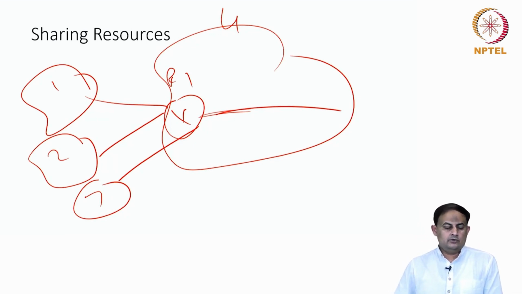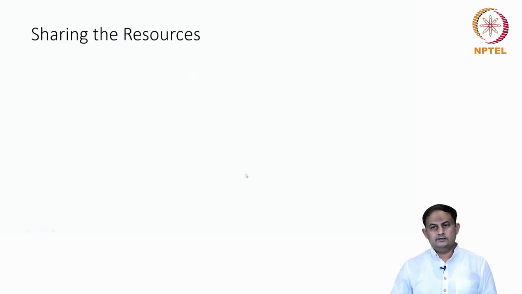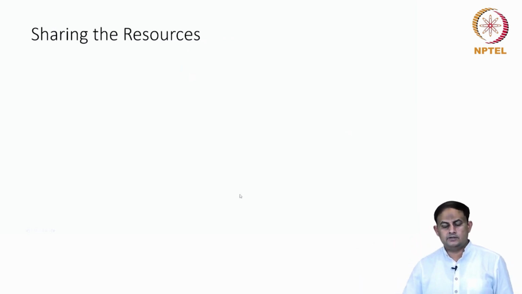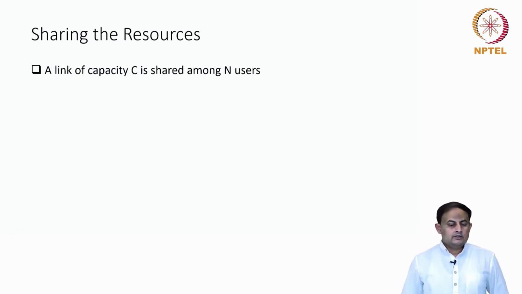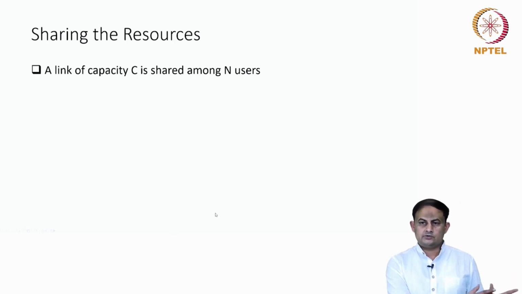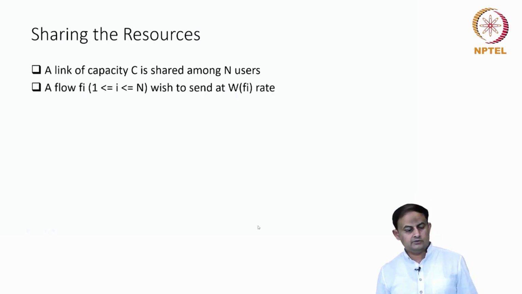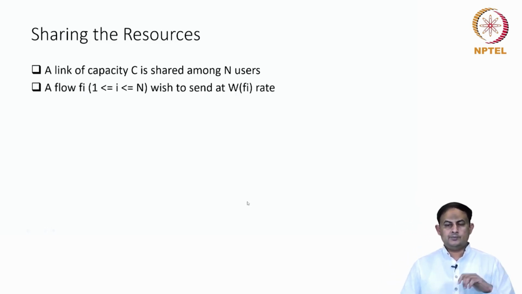So, I want to assign a kind of allocation rate to each of these users, and the scheduler's job is to give a fair share to all of these users and networks. The outgoing link has a capacity C, and there are n users to serve, and the traffic from each user is identified by a flow.